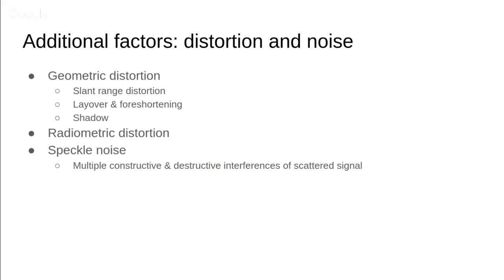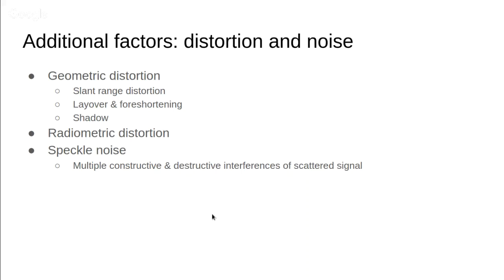So the transmission and reception will be different depending on where in the swath the target is. Geometric distortion is mainly because the look direction is slanted in radar imagery. So that will lead to features like slant range distortion, layover, foreshortening, shadows, and so on.